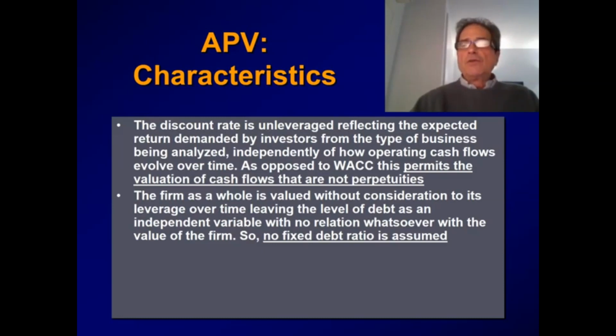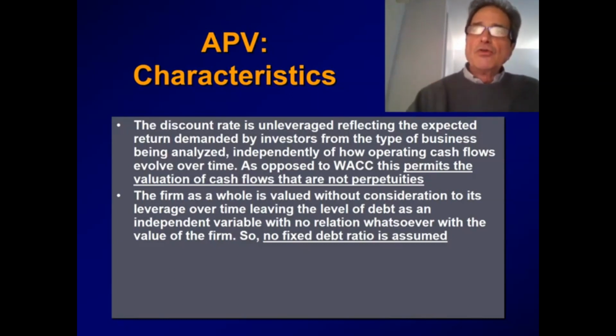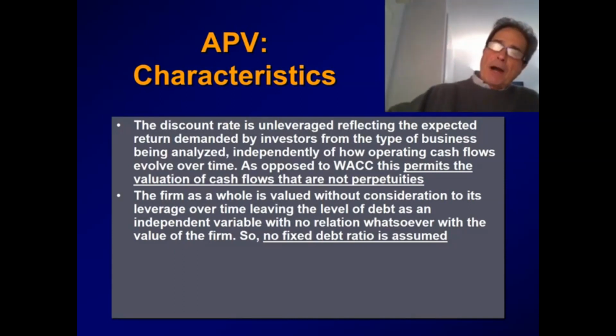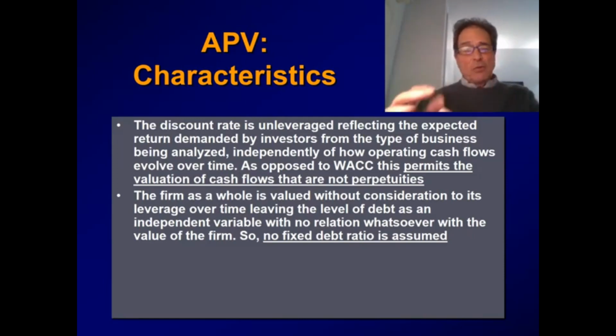So we don't need to assume that the cash flows are, for instance, perpetuities, as we assume when we use WACC. The other element is that given that we treat leverage apart from the value of the firm, we just calculate the present value of the tax shield in a different worksheet. We estimate the tax shield and we discount it to present value, so we treat it separately. Then, of course, we don't need to assume a fixed debt ratio as it is assumed in the WACC method.